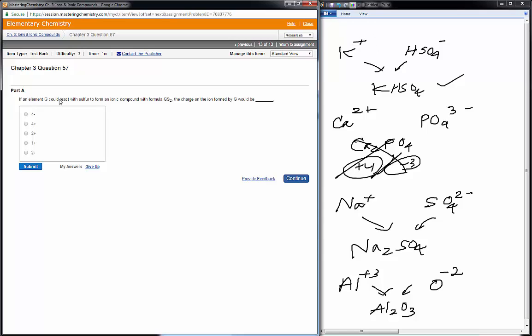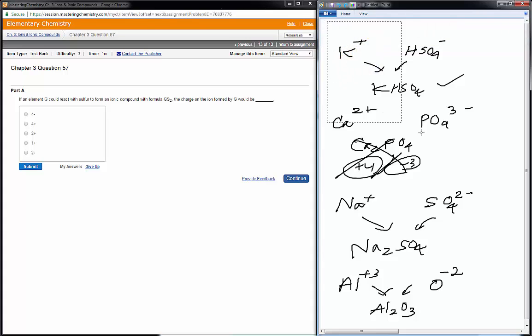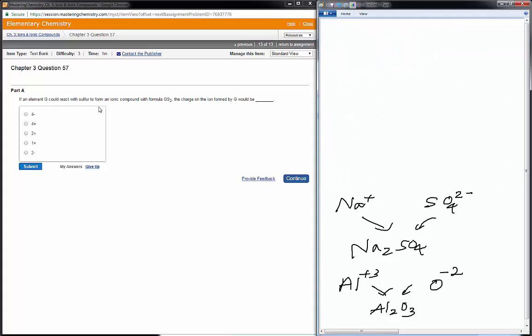All right, and last, if element G could react with sulfur to form an ionic compound using the formula GS2, then what would the charge on G be? Now what you need to do is go backwards according to what you know about the way that ionic compounds form. This must be neutral by definition, otherwise it's not a compound.